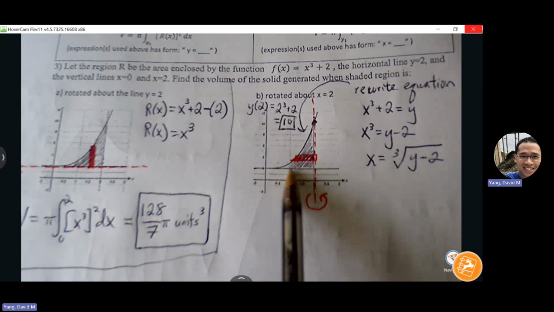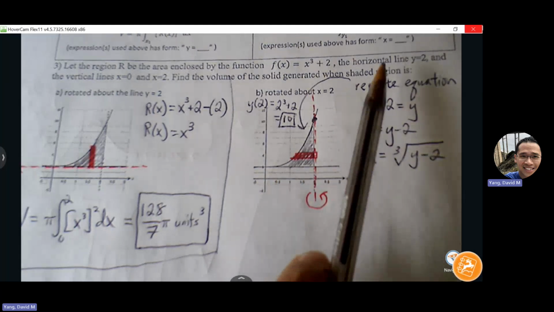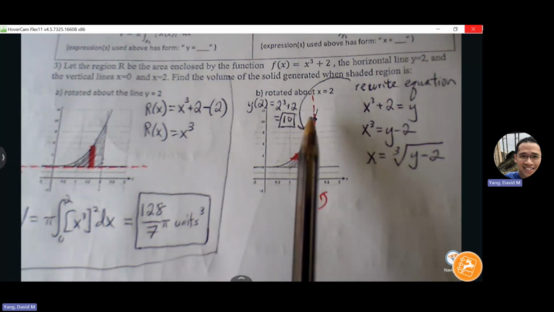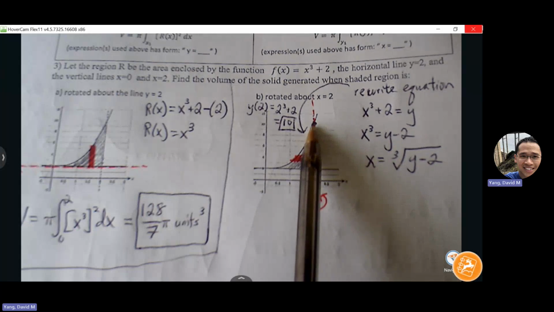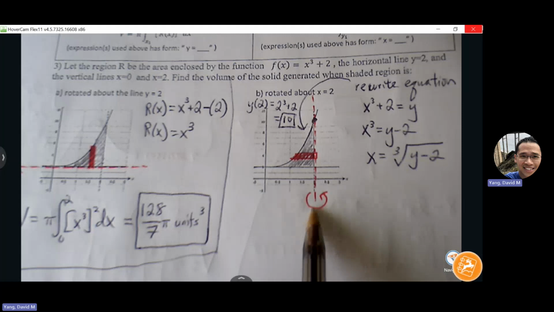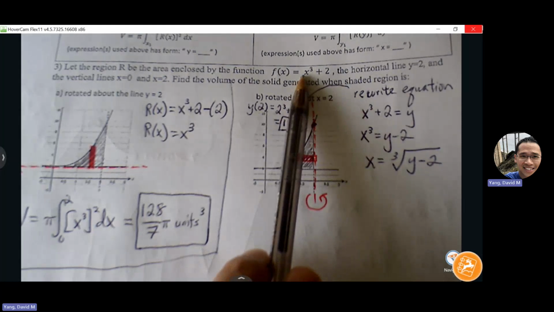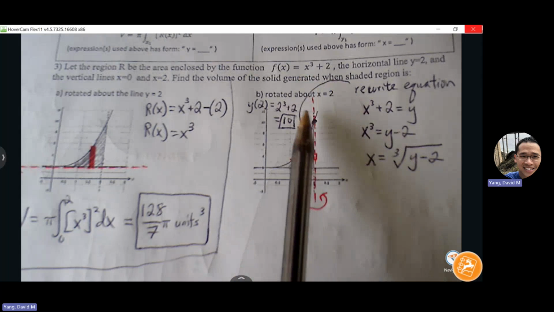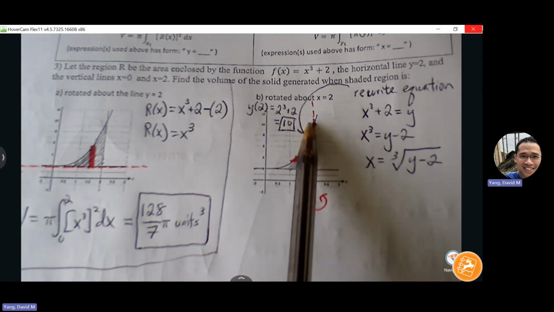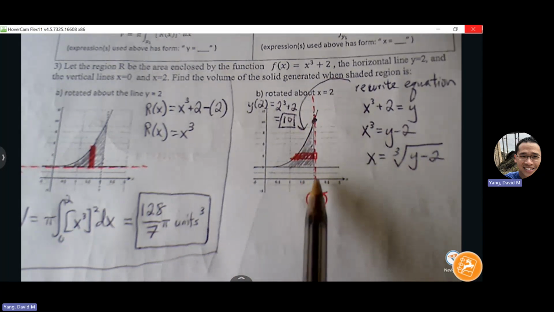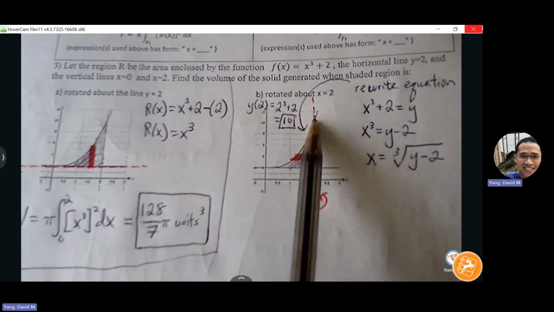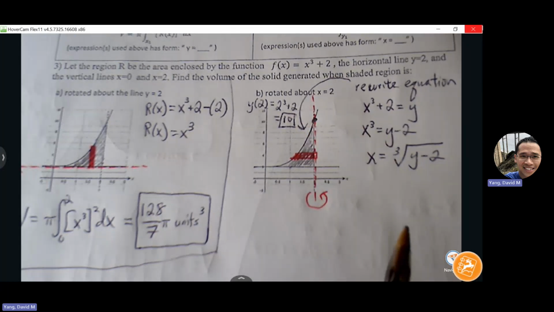I can tell my lowest y value is based off that horizontal line y2. The highest y value is the y value at this point when x is 2. So if I plug 2 in for x, 2 cubed is 8, 8 plus 2 is 10. So this point has a y value of 10, because if I know the x value of a curve, I can figure out the y value at that point.